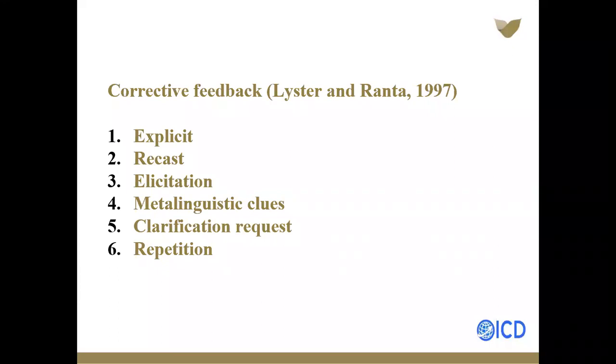So they can make the correction: okay, I go to school every day. That's where the child can be conscious about it and then correct it. So these are the different types of corrective feedback.